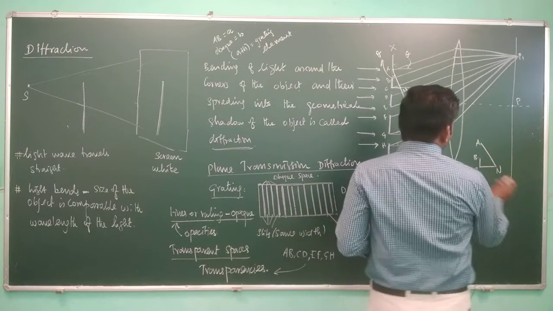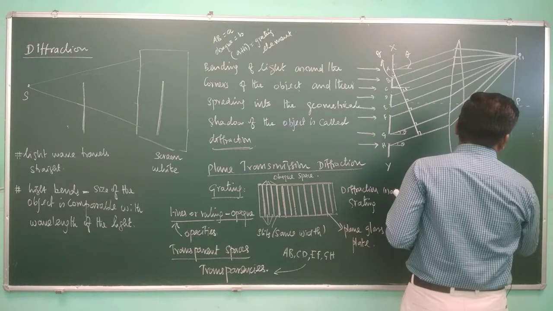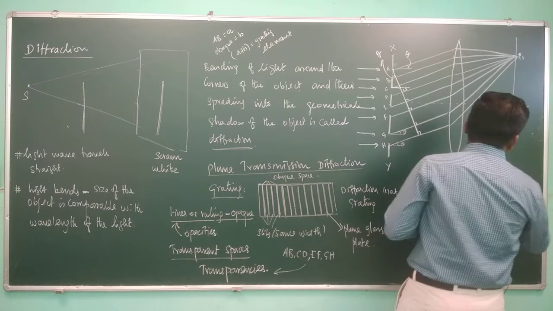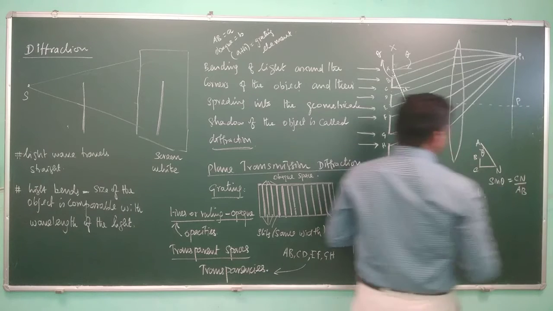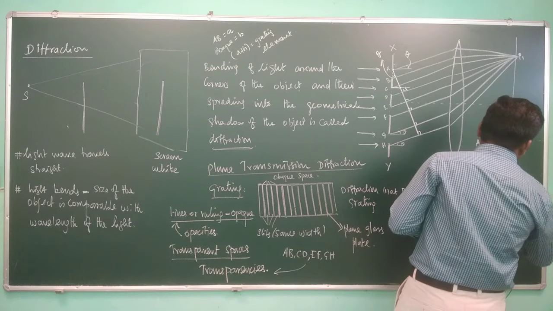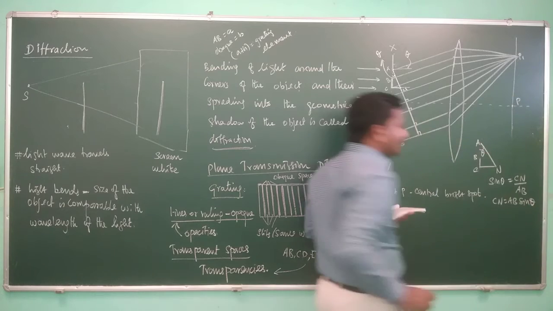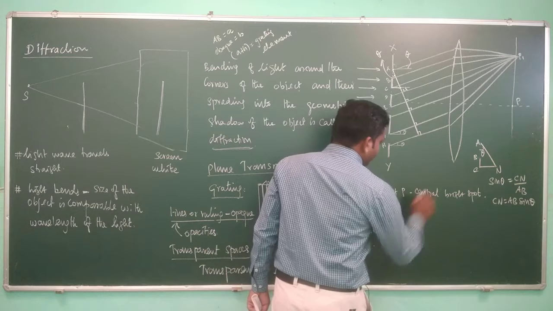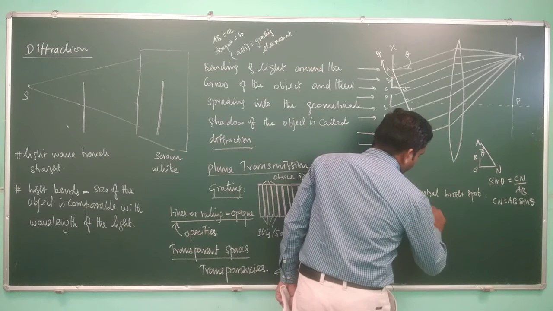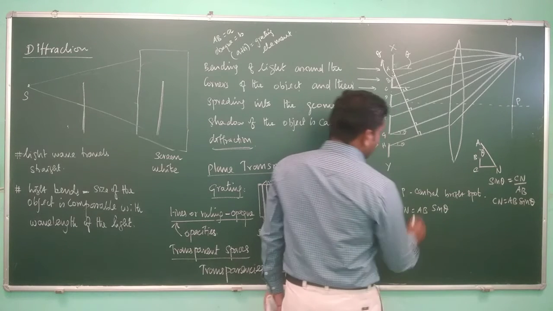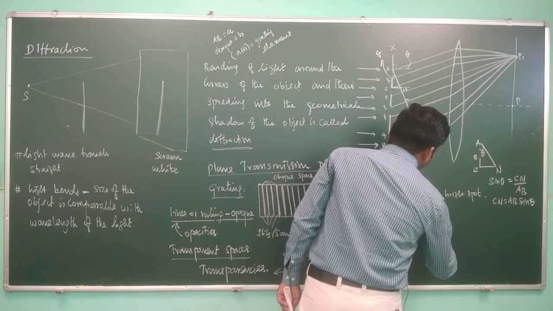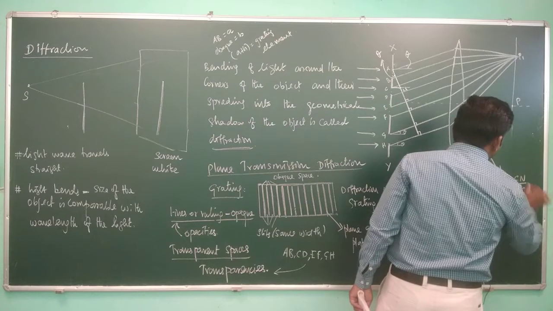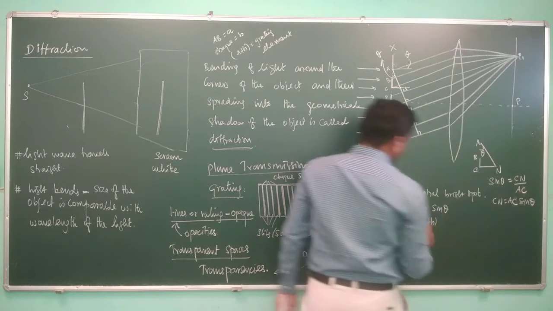Now using this diagram, we can write sin theta. As theta is here, sin theta equals CN by AC. Then we can write CN equal to AC sin theta. But what is AC?